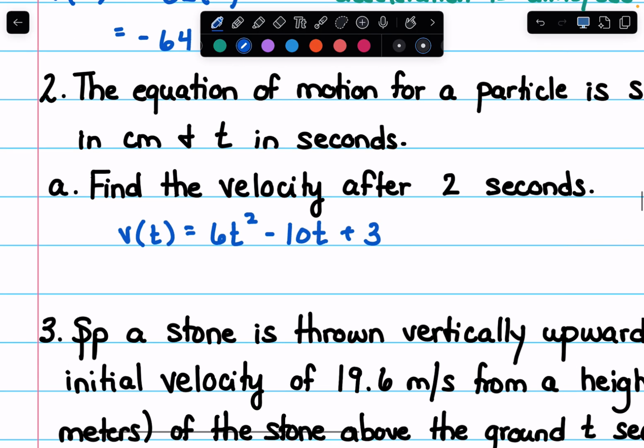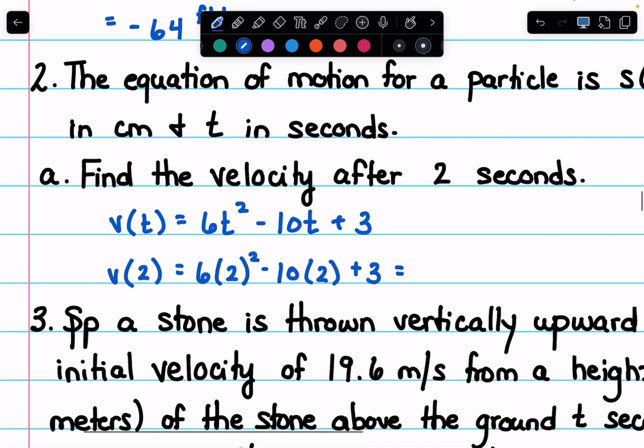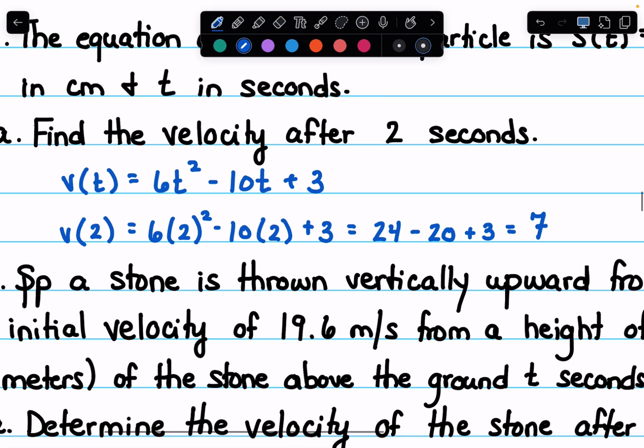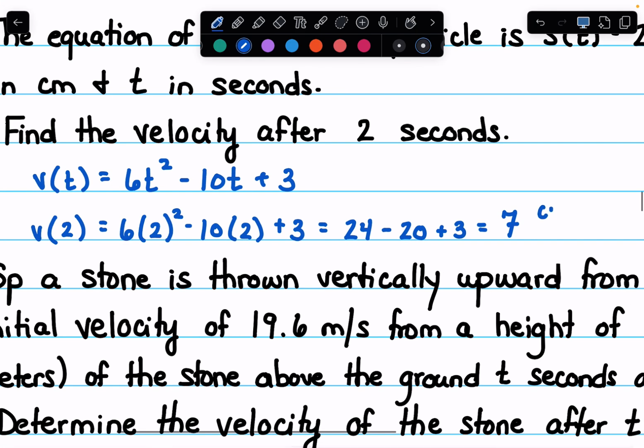Then we're just going to plug in 2, right, for t? So that would be 2 squared is 4. So that's 24 minus 20 plus 3, so 7. And that's centimeters per second.